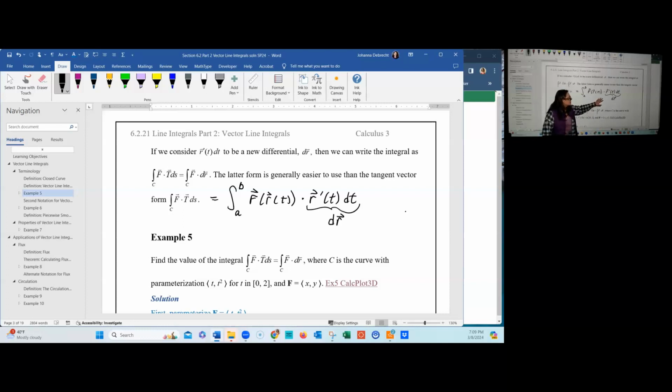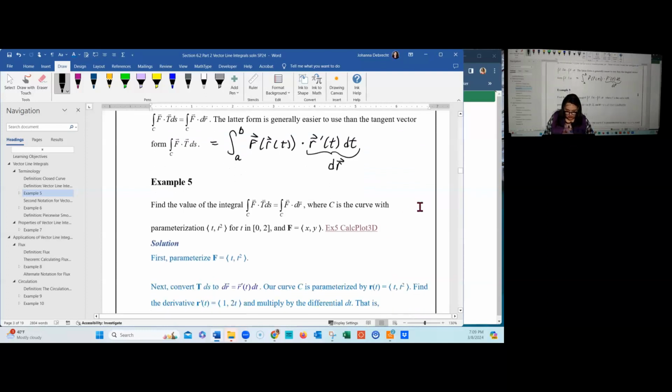When we're looking at it, r prime of t dt is replacing the ds that was there previously, but it is in fact still part of a vector. So we can use a vector notation to indicate that by writing it as dr with the harpoon over the r. Let's see how to apply this in example 5.